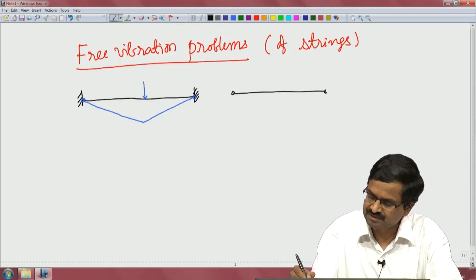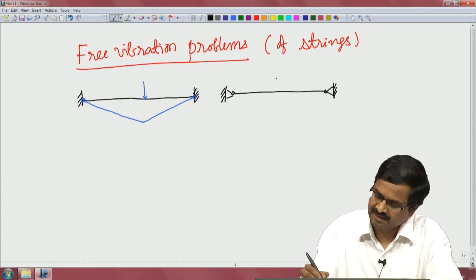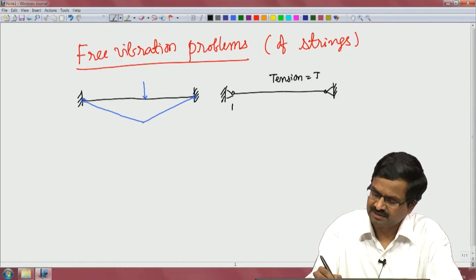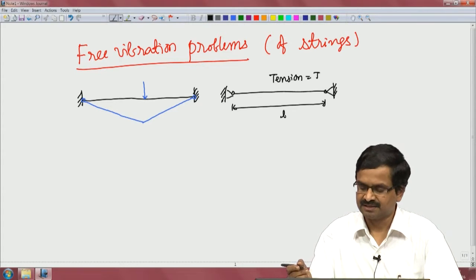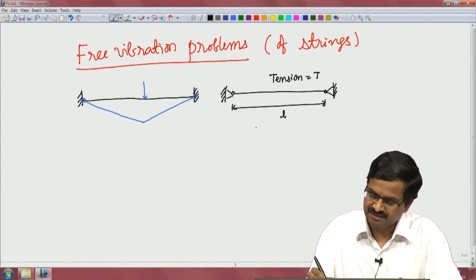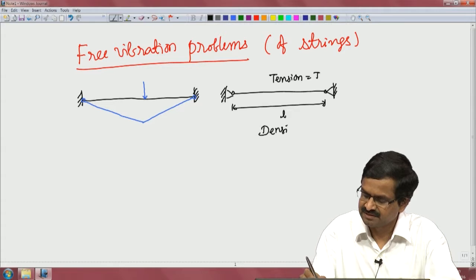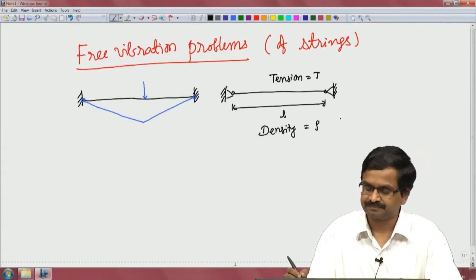Between 2 points we have a string, okay, and there is tension in it. There is a pretension equal to T. Let us take this length to be L. A string that is length L, tension T, and the material property that we would need here is mass density, denoted by rho.